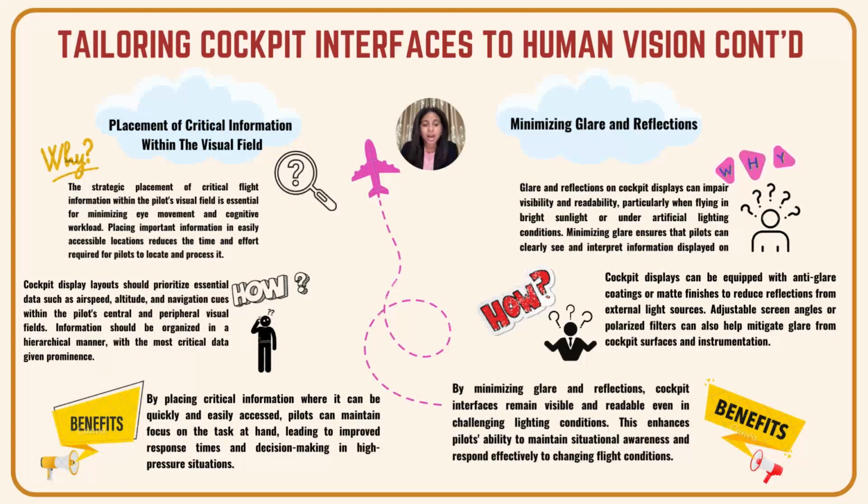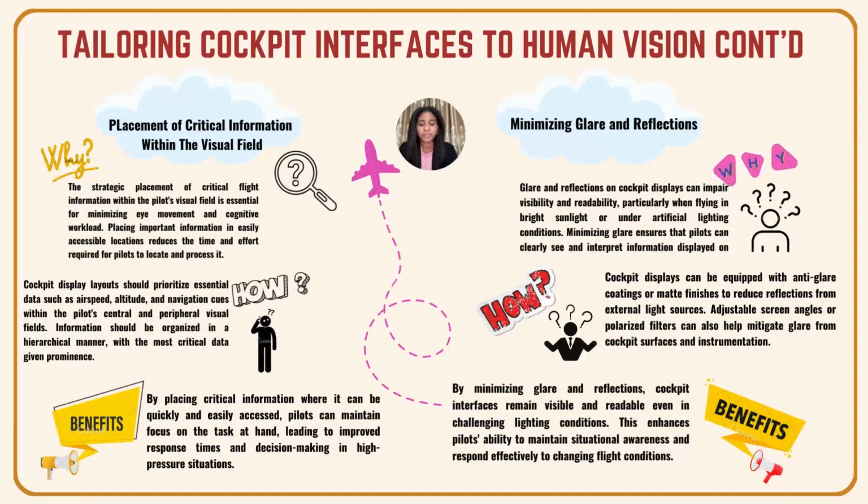So again, what are the benefits in doing so? By minimizing glare and reflection, the cockpit interfaces remain visible and readable even in challenging lighting conditions. This enhances pilots' ability to maintain situational awareness and respond effectively and efficiently to changing flight conditions.